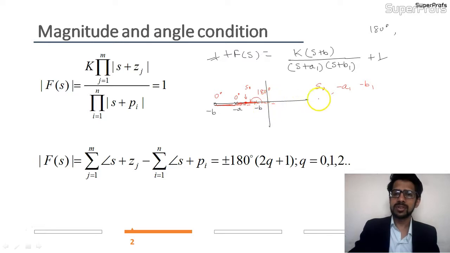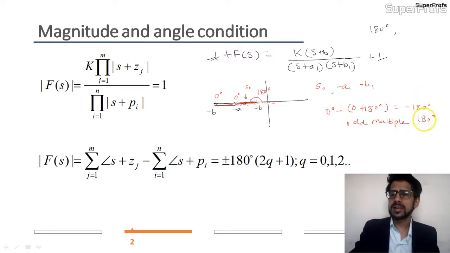And that's why you know that the summation of angles from the poles and zeros is 0 degrees minus 0 plus 180, which is nothing but minus 180 degrees, which is nothing but the odd multiple of 180 degrees.